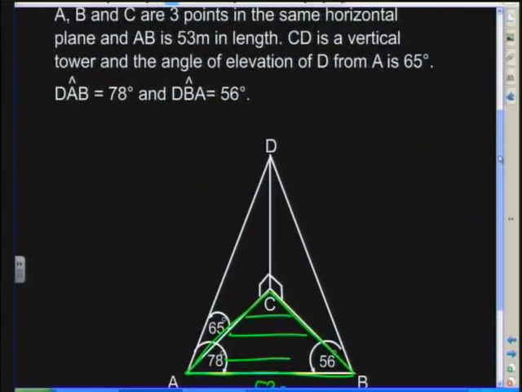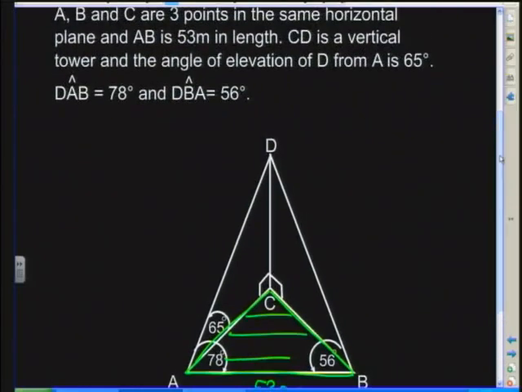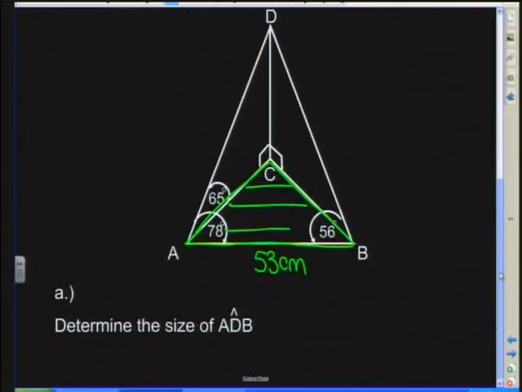Right, what else have they told me? CD is a vertical tower, and the angle of elevation of D from A is 65 degrees. So the angle of elevation of D from A. Now remember, this is a flat line. That's a flat surface over there. So the angle from the flat surface looking up to D is 65 degrees.